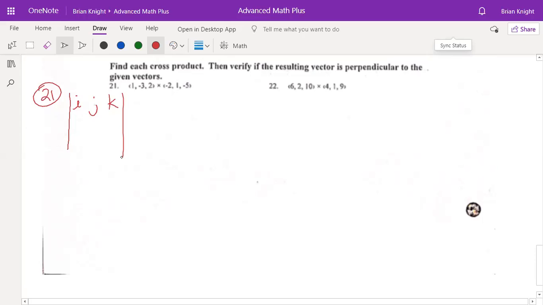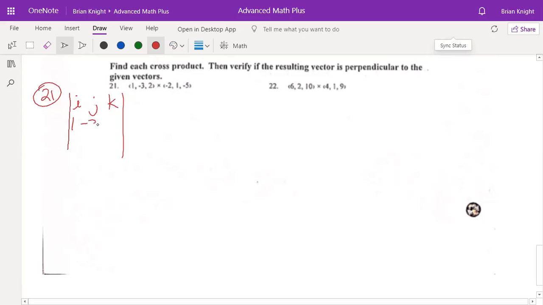What's the radius of your unit circle? 1. What is the magnitude of your unit vectors? 1. i is 1 in the x direction. j is 1 in the y direction. k is 1 in the z direction.